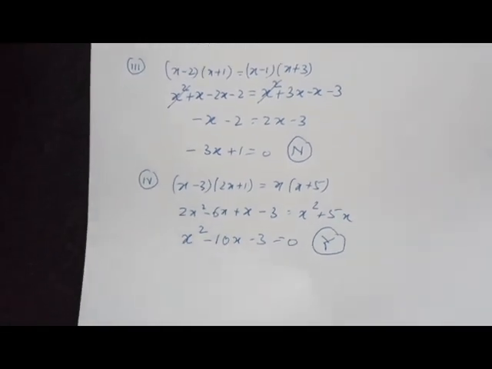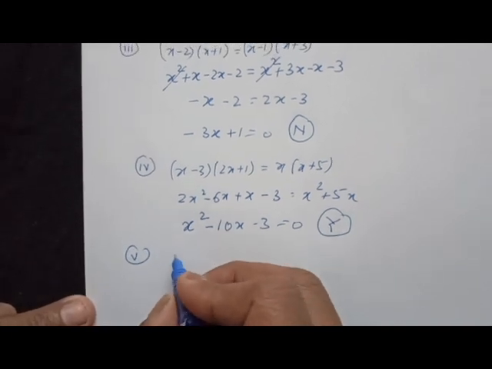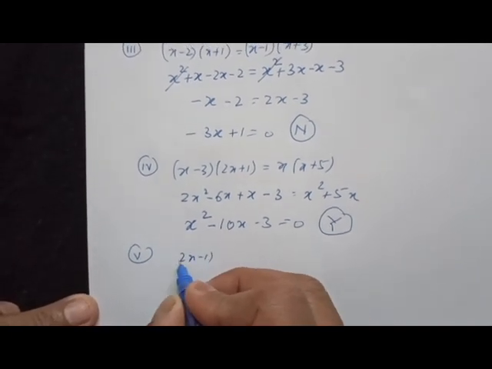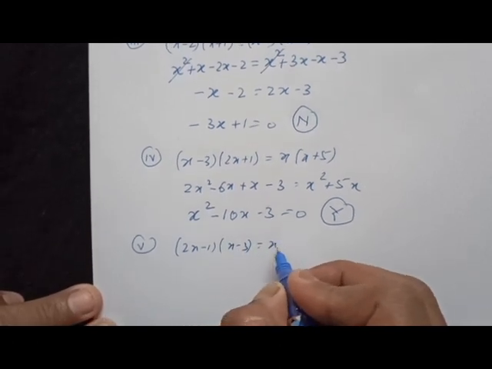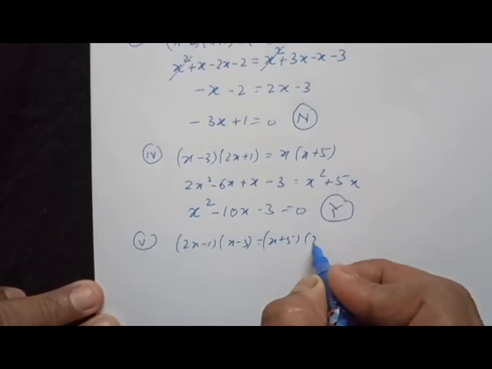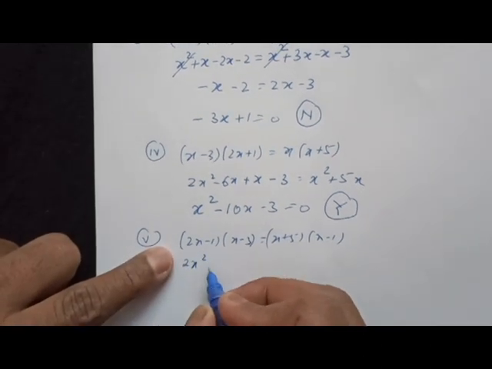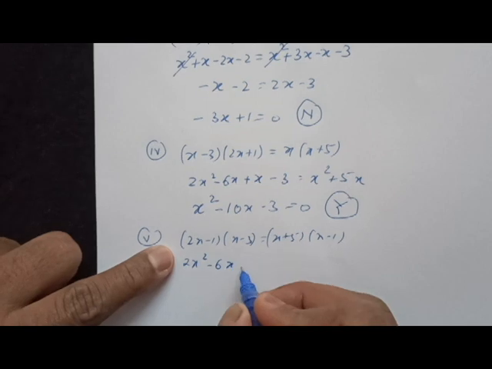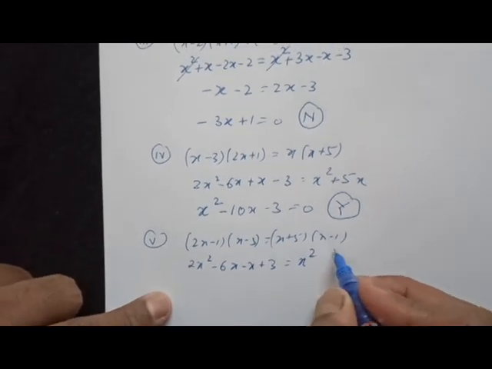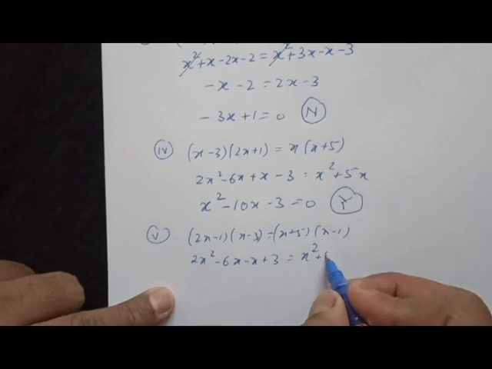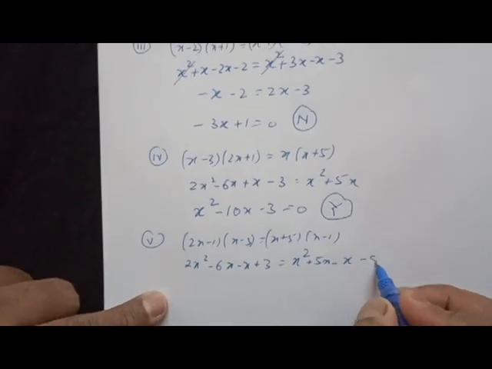So like this you can simplify all other parts. So let us do it hurriedly. The fifth one, 2x minus 1 into x minus 3 is equal to x plus 5 into x minus 1. So when you open the bracket you get 2x square minus 6x minus x plus 3 is equal to x square plus 5x minus x and minus 5.